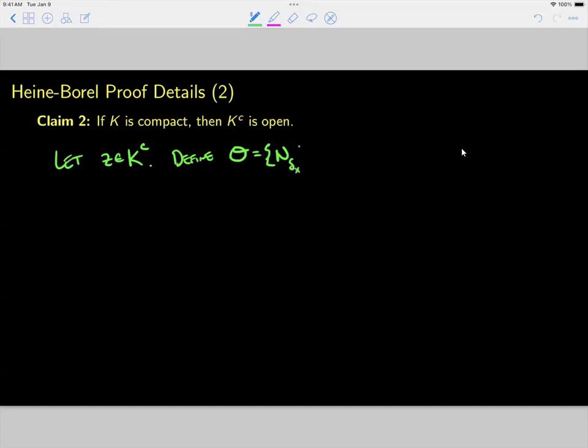The neighborhood of radius delta x around x, such that x is in K, where delta x is equal to the absolute value of x minus z, over 2.